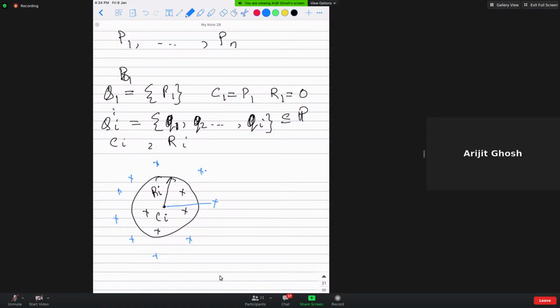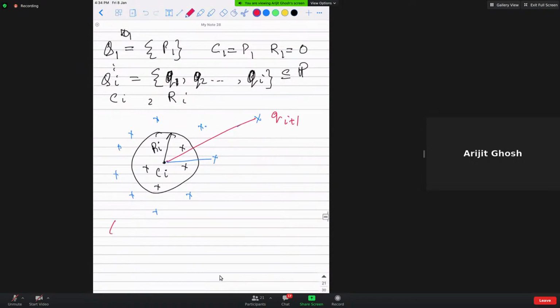This will be my Qi plus 1, the point furthest from Ci, and I will make the new set Qi union Qi plus 1.